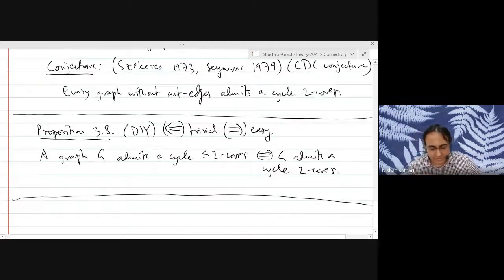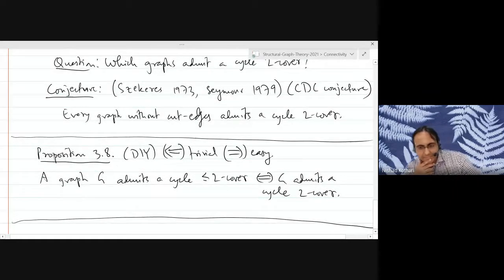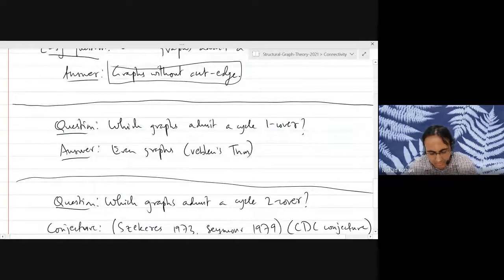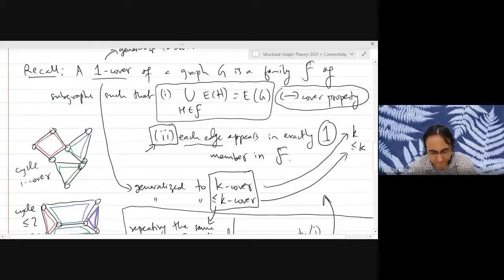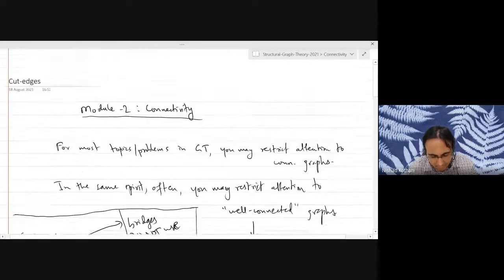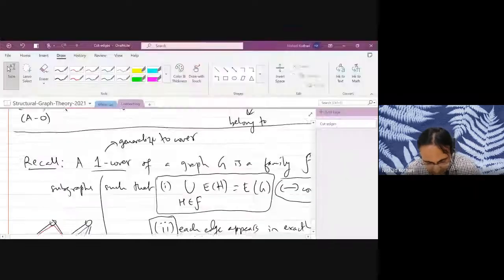Any other questions or concerns? All right. So if not, let us leave aside cut edges and let us move to cut vertices. Let me start a new page.